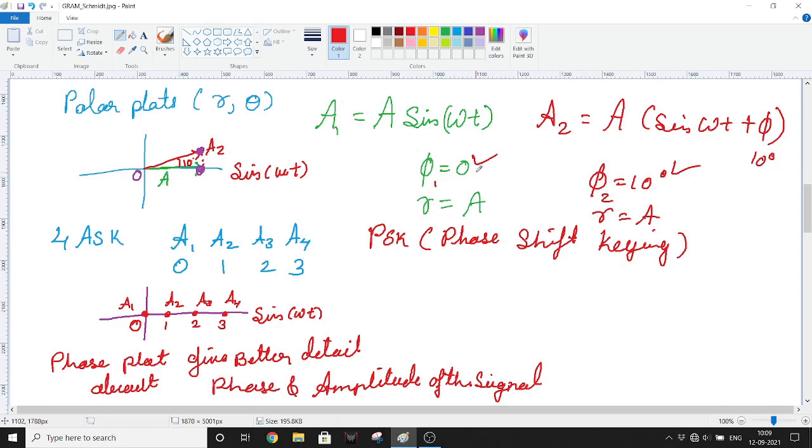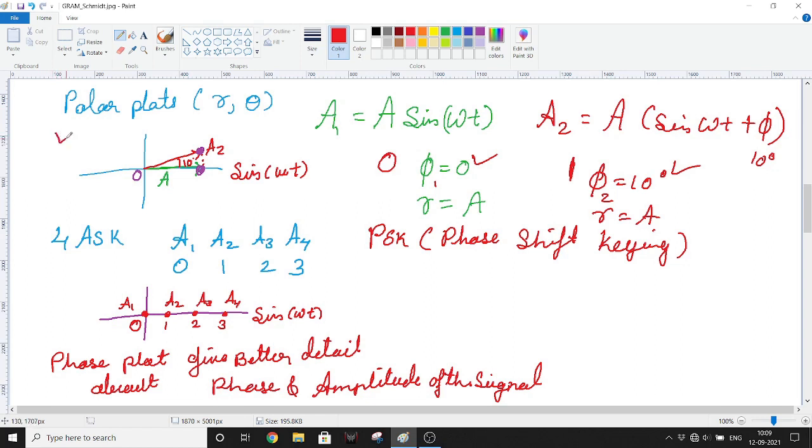A symbol 0 is represented with a phase 0 and a symbol 1 is represented with a phase 10. Consider here again, it's me who is giving a chance or an approach to represent symbol 0 with phase 0 and symbol 1 with phase 10. You can choose any angle you wish.